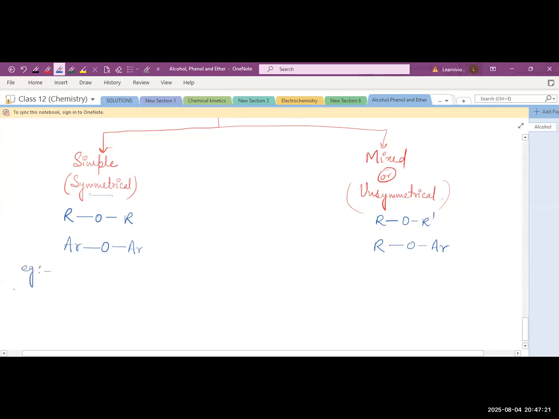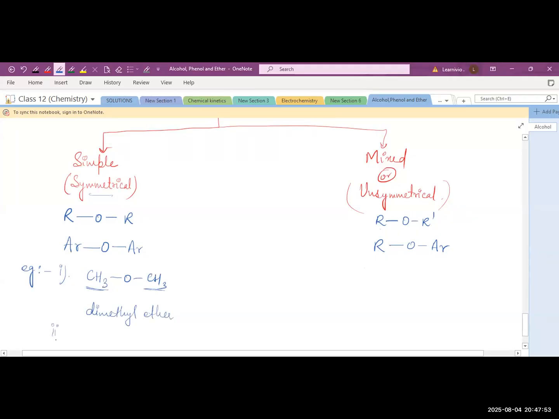So let's take some examples in symmetrical. Suppose let's take a very easy example, CH3, O, CH3. Now you can see both are the same, right? Methyl group, methyl group. So in the symmetrical type, it's very easy to name this compound. So it's methyl, right? So two methyls are there, so we'll write dimethyl and last में हम क्या लिखेंगे ether, dimethyl ether.